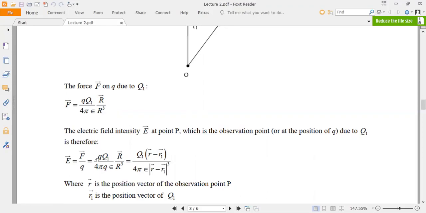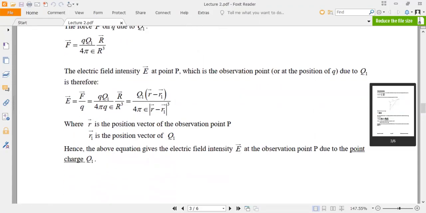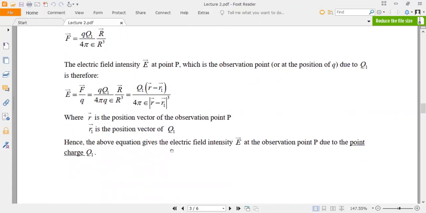So small q cancels. And then if you see here, you will get the electric field intensity as Q1 times (r minus r1 bar) in terms of position vectors divided by 4 pi epsilon times the magnitude of r minus r1 bar. So these are the position vectors. So this is called the electric field intensity.